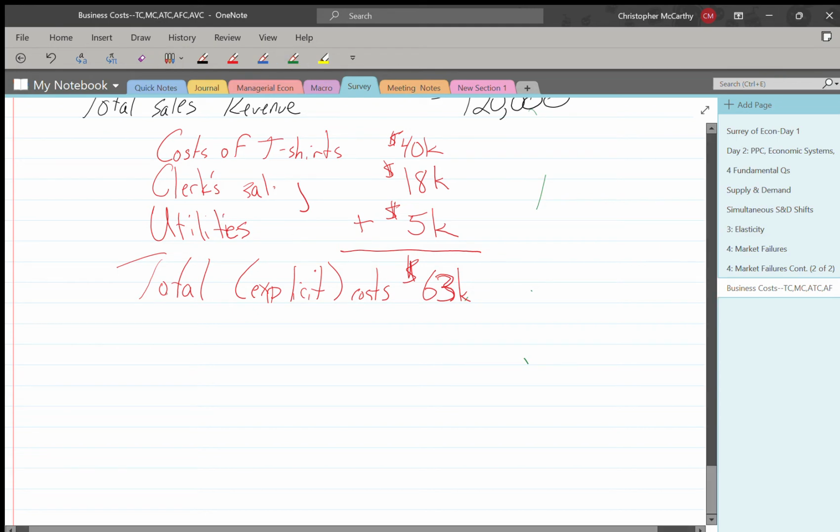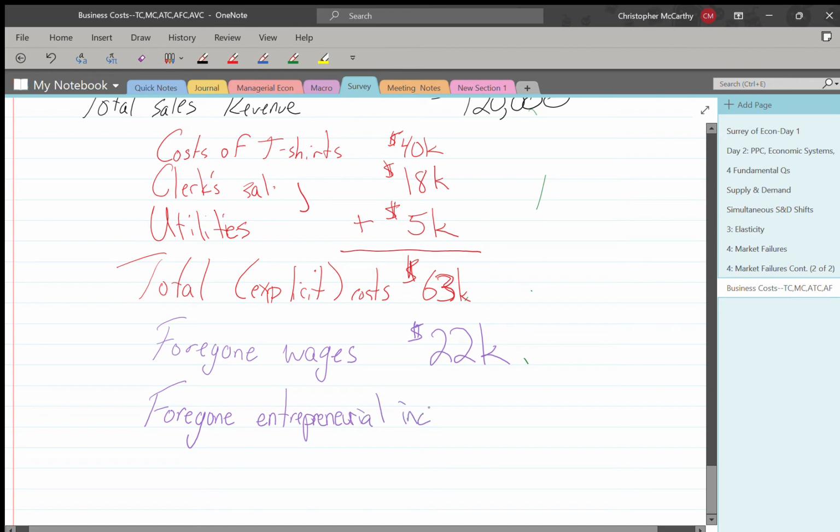Okay. So we also have foregone wages of $22,000. And then for whatever reason, we also have some foregone entrepreneurial income of $5,000.